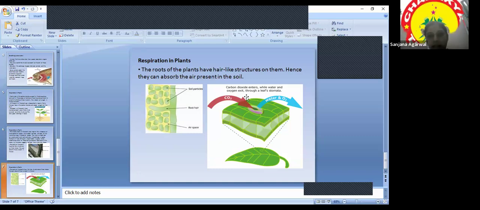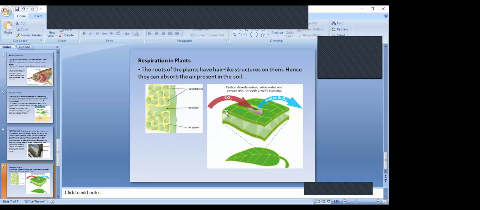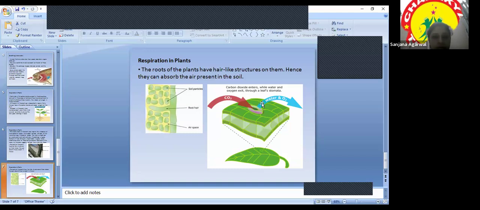I'm asking, the right side image is showing what? Ma'am, the exchange of gases. Exchange of gases through stomata. You have written this now. I will play a video: difference between respiration and photosynthesis.